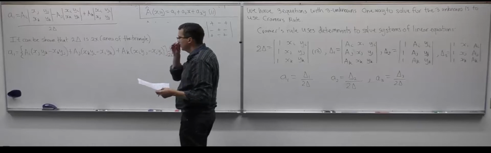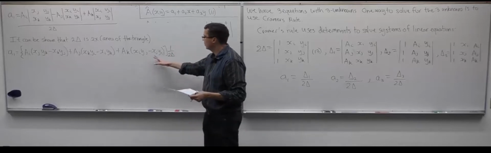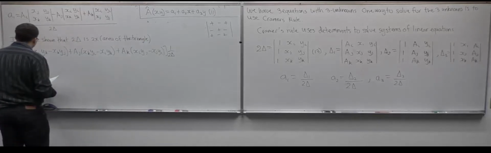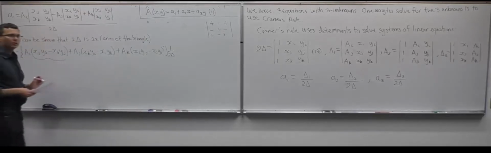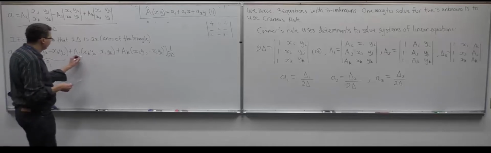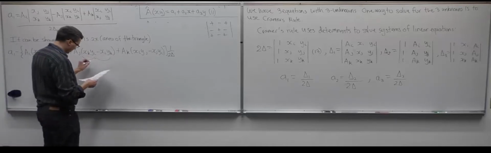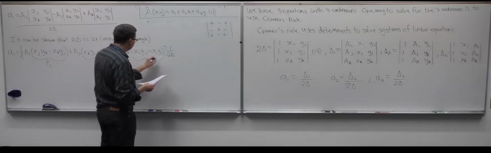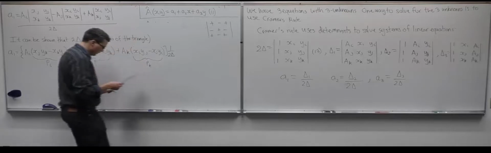Now we're going to write this out a few times, so in order to simplify it down, I'm going to reduce the notation. I'm going to call this p_i, this p_j, and then this third term p_k.